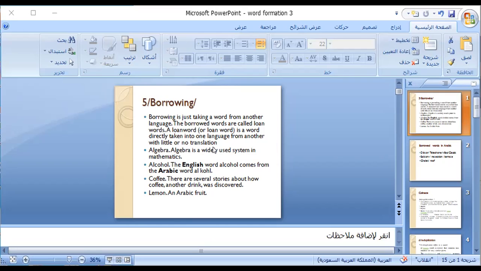For example, in our Arabic or Palestinian society, we say television, which means tell and see.